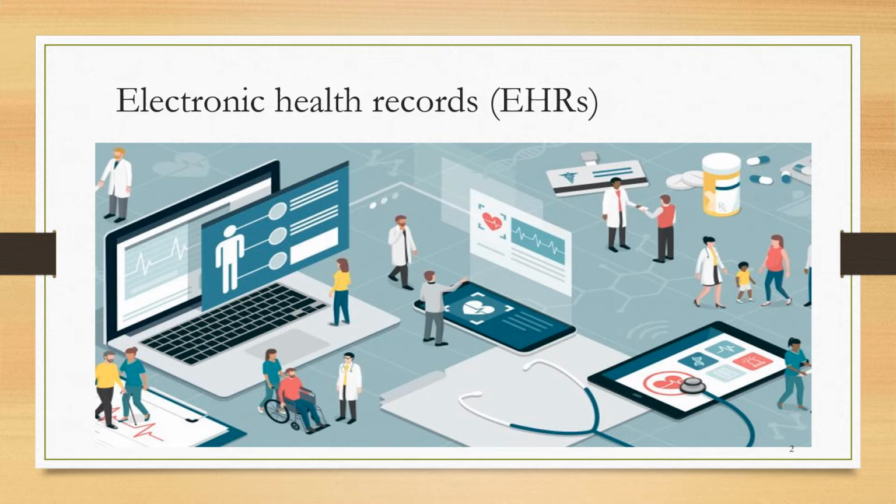An electronic health record is a repository of electronically maintained information about an individual's lifetime health status and health care, stored such that it can serve multiple legitimate users of the record.